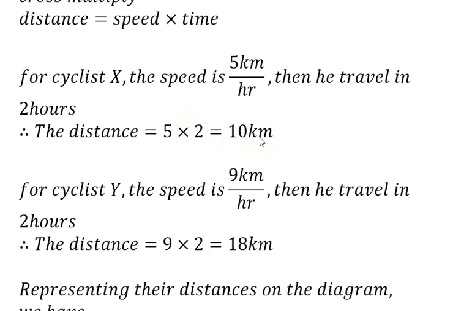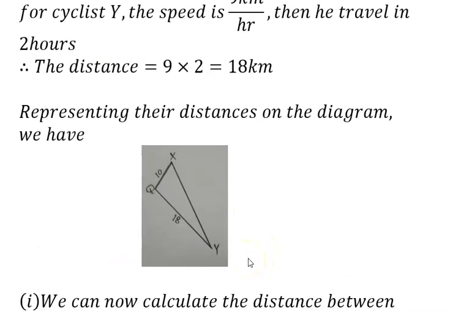Now for cyclist Y, at 9 km per hour, after traveling for 2 hours, speed times time is 18. So cyclist S has traveled 10 km in 2 hours, and cyclist Y has traveled 18 km in 2 hours. So let's represent these two on this drawing now.